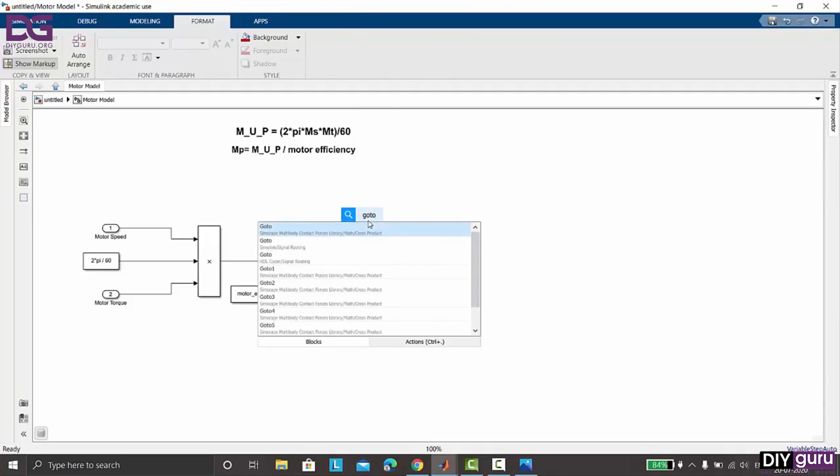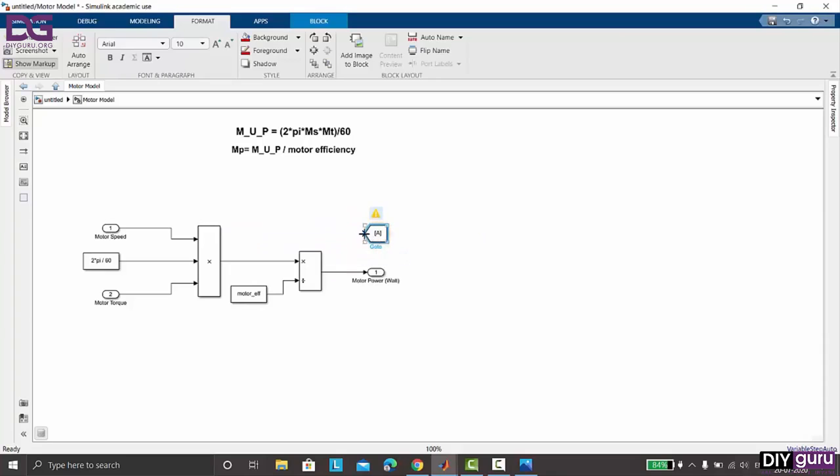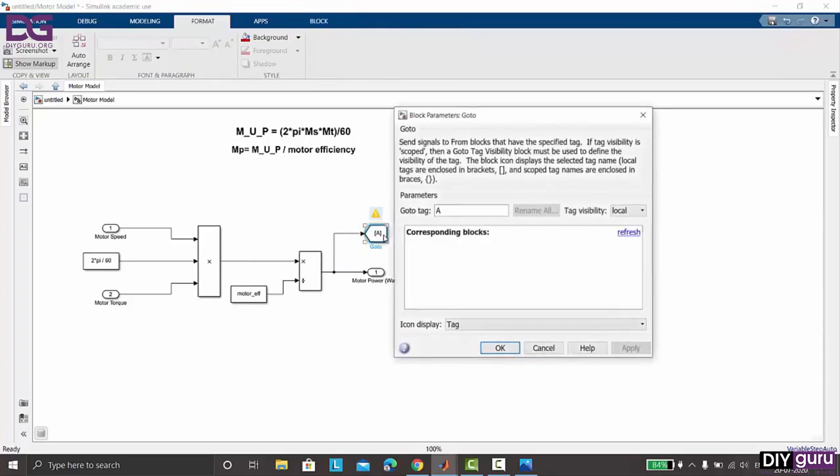So add one more go-to block to visualize the result and name it as motor power.